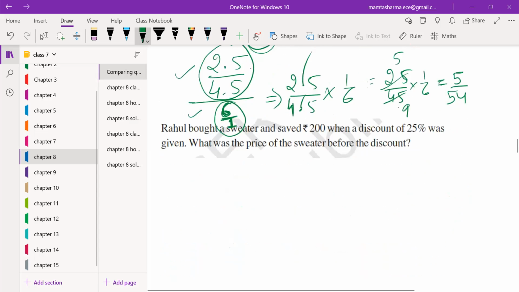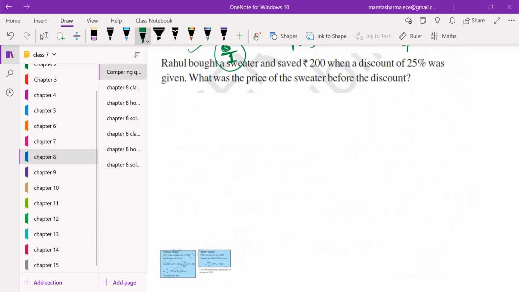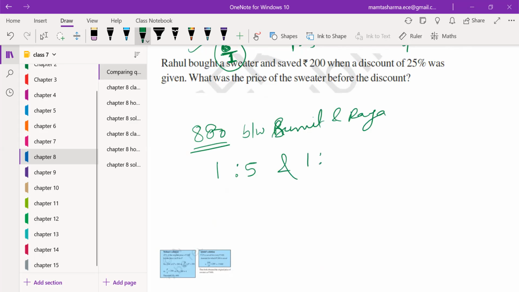My next doubt is a different one, ma'am. It's a word problem. Divide 880 between Sumit and Raya in the ratio 1 by 5 is to 1 by 6. Okay, no problem.